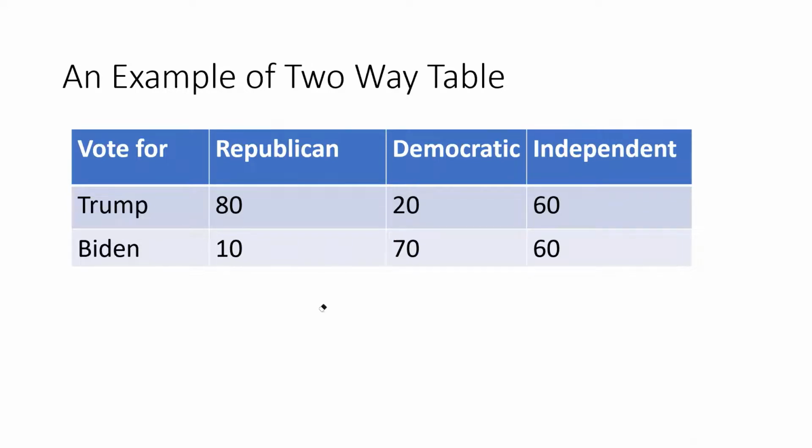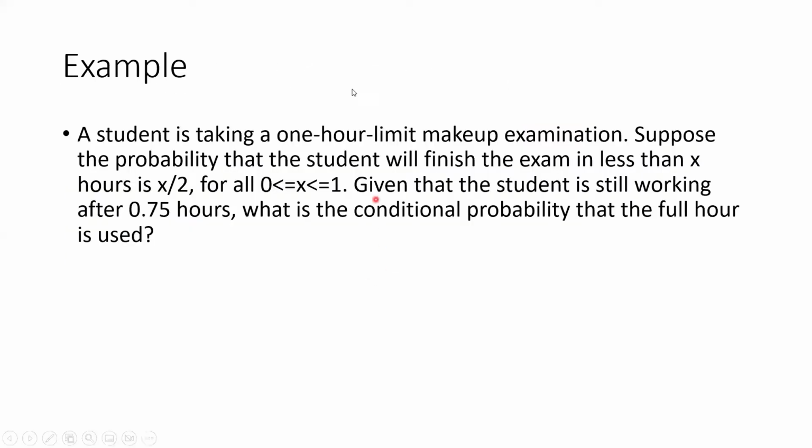The next example is probably a little bit hard. A student is taking a 1-hour limit makeup examination. Suppose that the probability that a student will finish the exam in less than x hours is x over 2, where x is between 0 and 1. So the probability that the student would finish the exam in 1 hour is half.